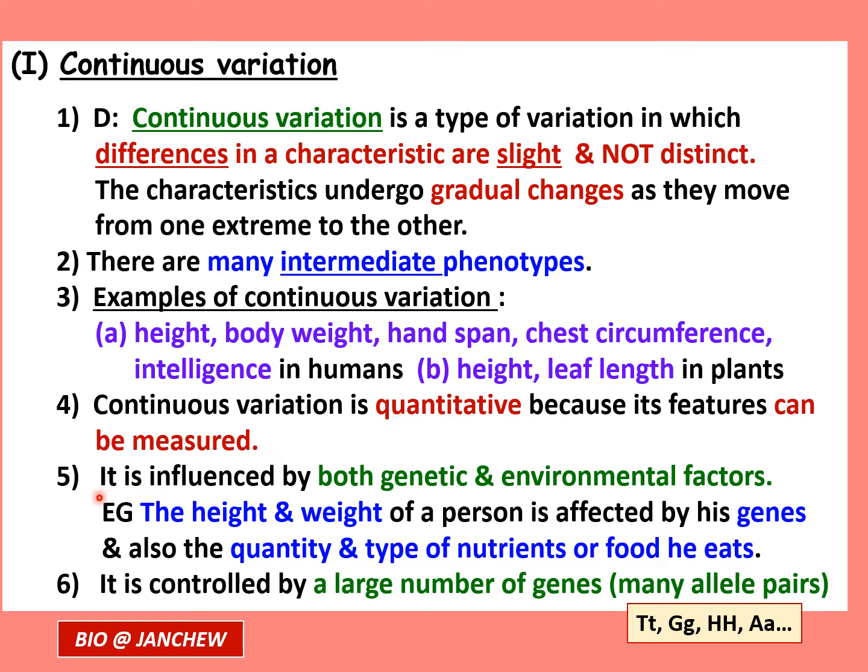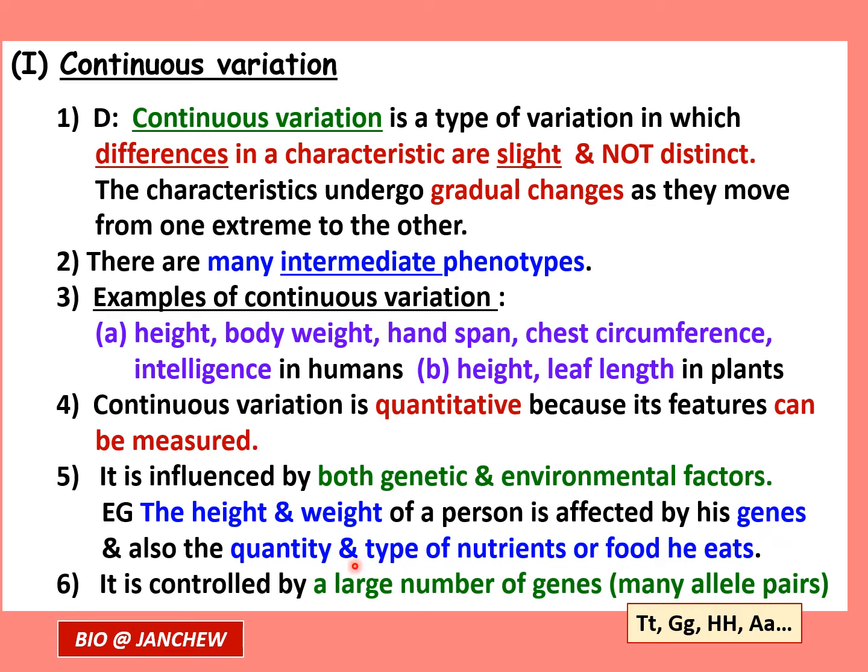Now let's go on to 5 and 6, which we haven't discussed yet. Continuous variation is influenced by both genetic and environmental factors. For example, the height of a person is affected by the genes that he inherits from his parents. If his parents pass him the tall genes, then he may grow tall.